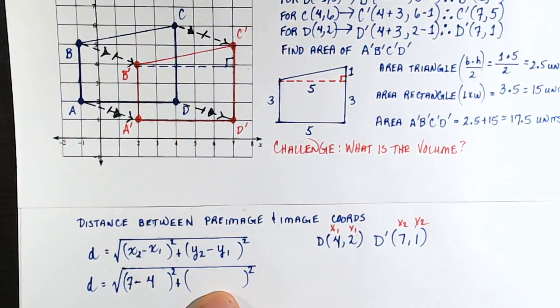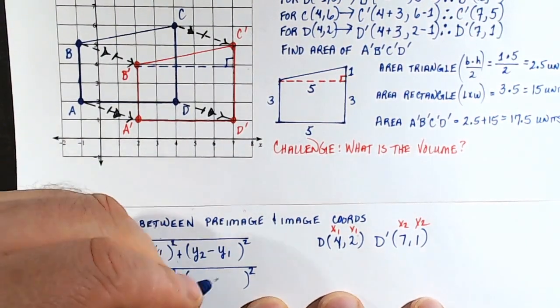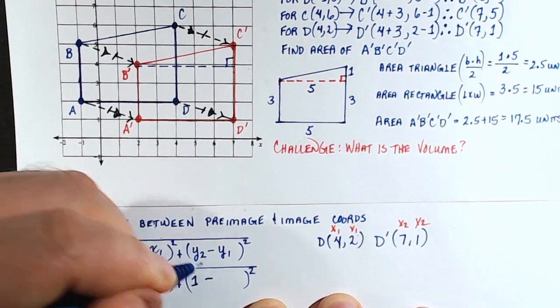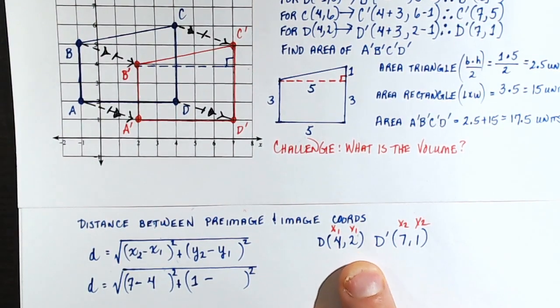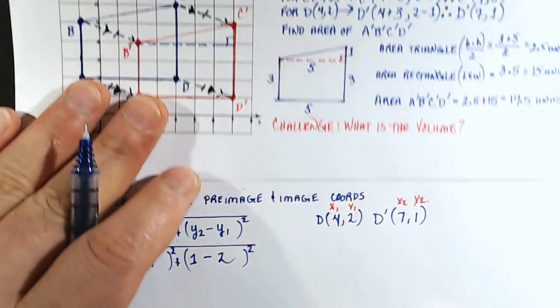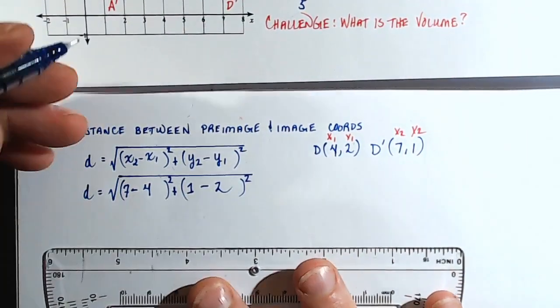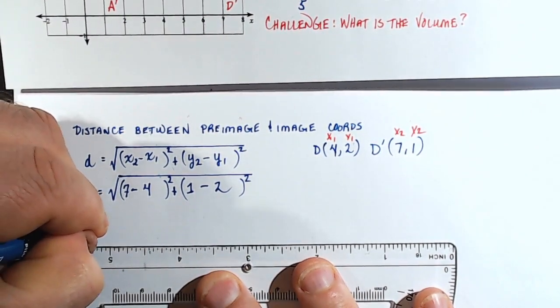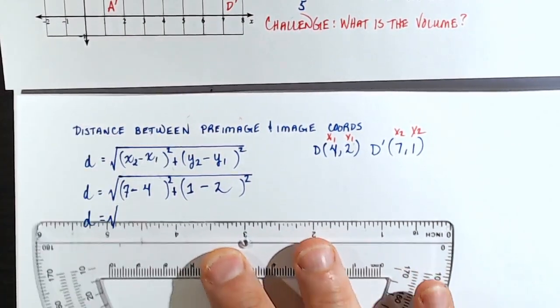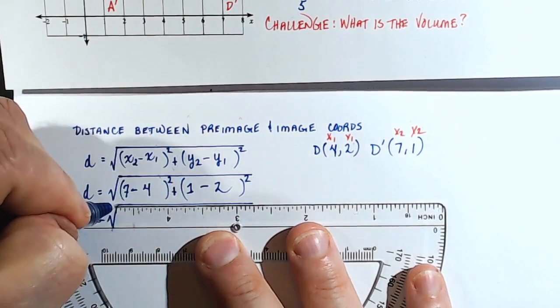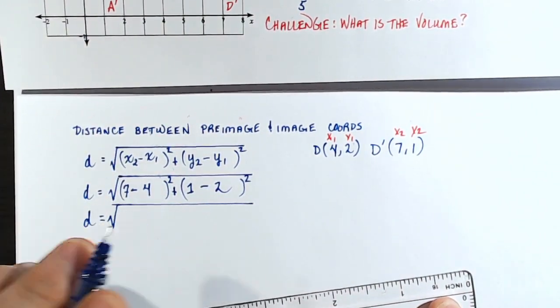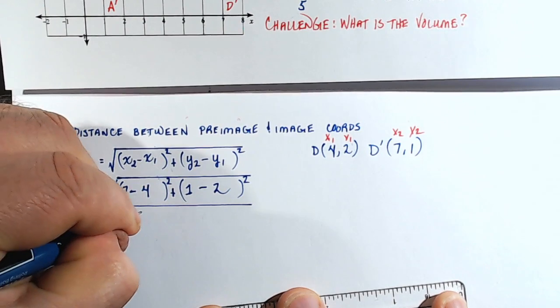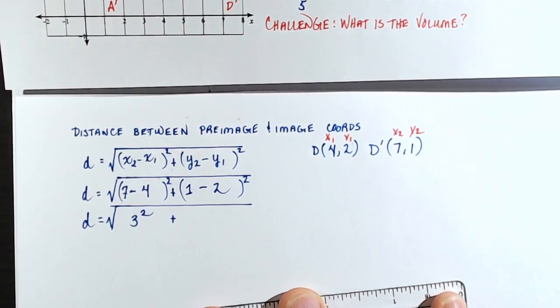Then we'll square that, and now we've got Y2, which is 1, minus Y1, which is 2. So the distance equals the square root of 7 minus 4, which is 3 squared, plus 1 minus 2, which is negative 1 squared.